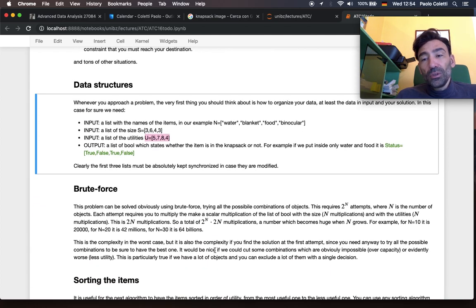Okay, how can we solve this algorithm? Well, first of all, how would a human person solve it? How do you have to solve it every time you prepare a luggage? Well, people usually solve it in this way. There are two approaches I see. The one is to throw everything inside the knapsack or the luggage or the suitcase, even exceeding the capacity, and then removing the less useful items, or removing the biggest items.